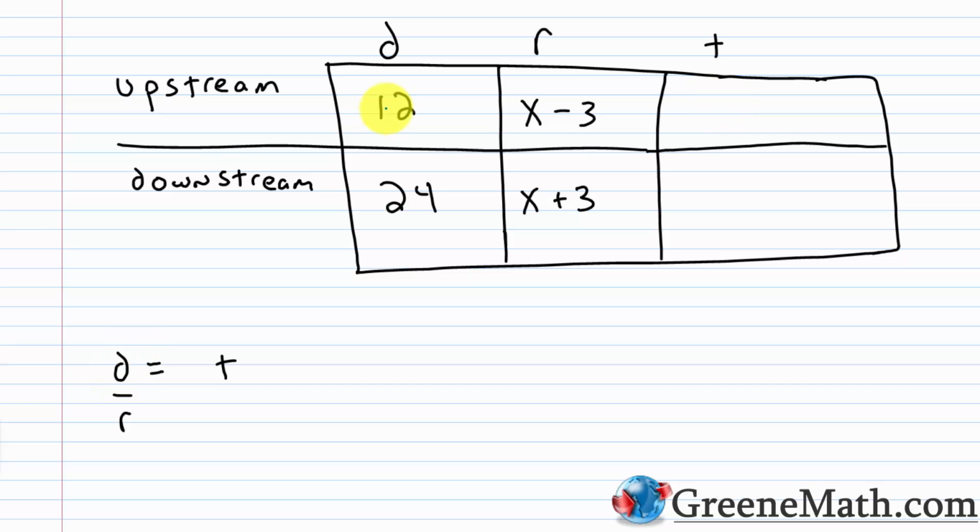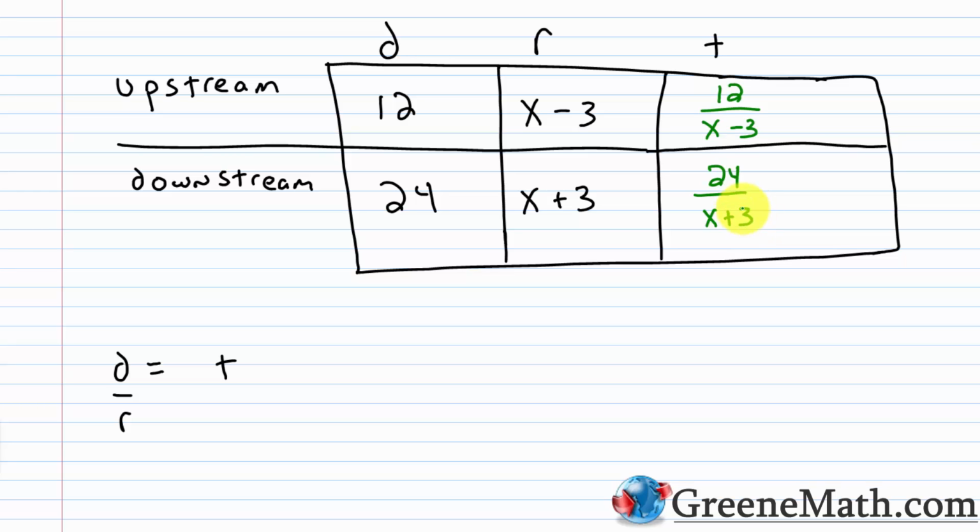The distance in this case is 12. The rate in this case is x minus 3. So my time for going upstream is 12 over x minus 3. Now for downstream, I can do the same exact thing. My time is going to be 24, which is my distance, over x plus 3, which is my rate.